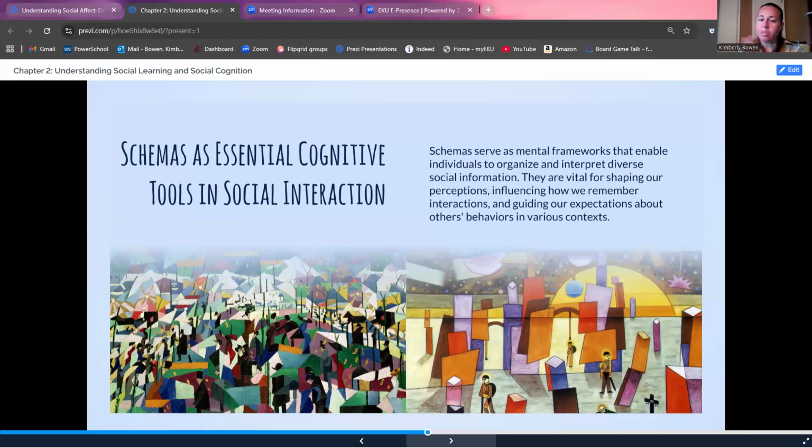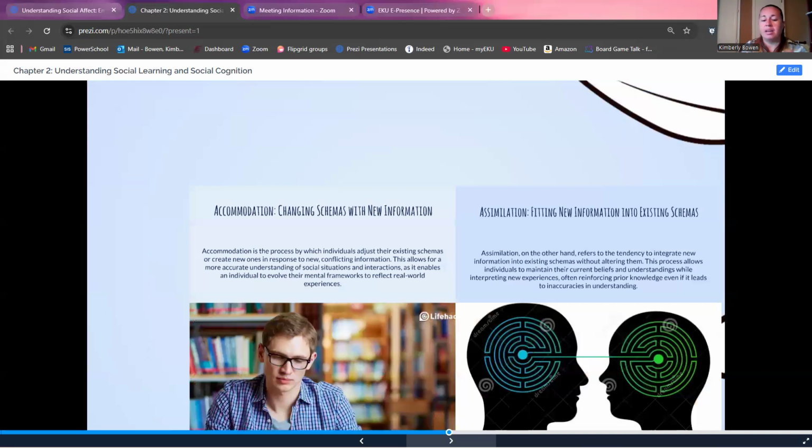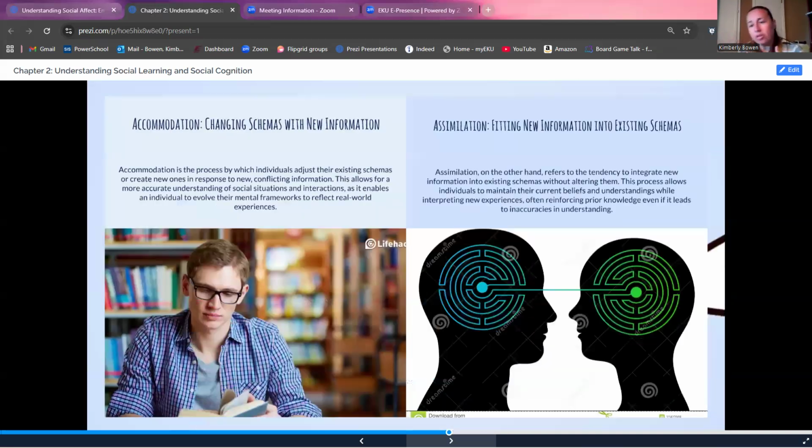Okay. All right. So schemas are these mental frameworks. They're like that snap thing in your head that triggers associations, and they make it so that you can process a ton of information really, really quickly. Now, the problem with this is that sometimes we form schemas that are not always perfect, or they might fit a particular stereotype, not intentionally, but it's something maybe we've seen over and over again in a media source.